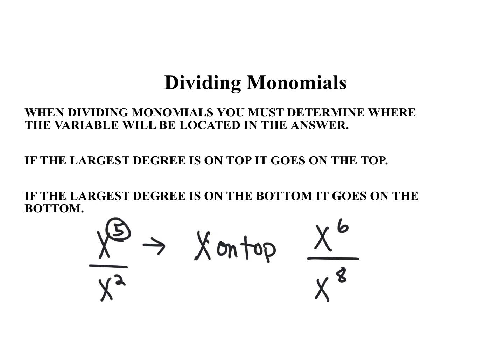When the largest degree of the variable is on the bottom, that means that variable is going to go on the bottom. So in the next example, I have x to the 6th divided by x to the 8th. The largest degree is on the bottom. This tells me in my answer that x is going to be on the bottom.